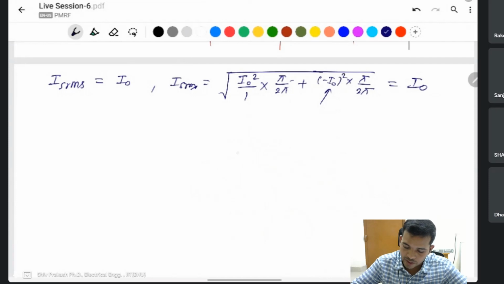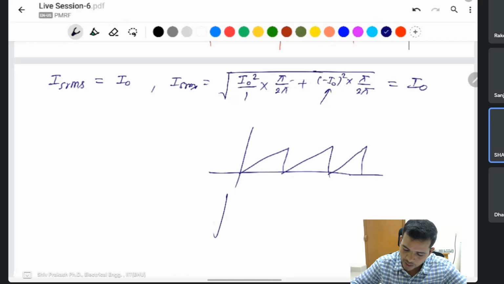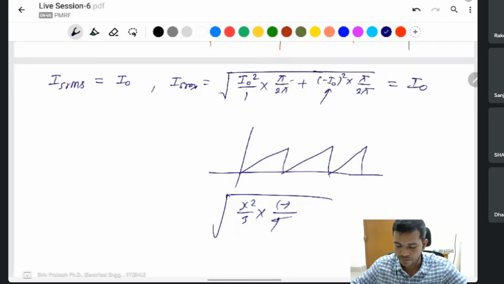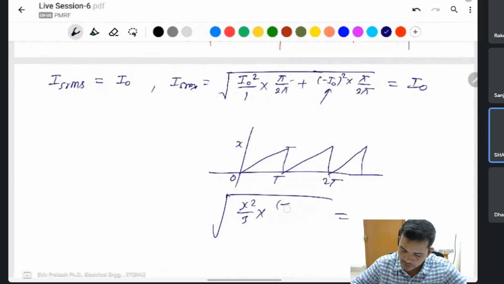If you have a triangular wave like this, the same thing applies: you apply quantity square divided by 3, where the signal is present, over the total time period T. If you take the peak as x, the time period is T total divided by T, cancel out, and you get x by root 3.